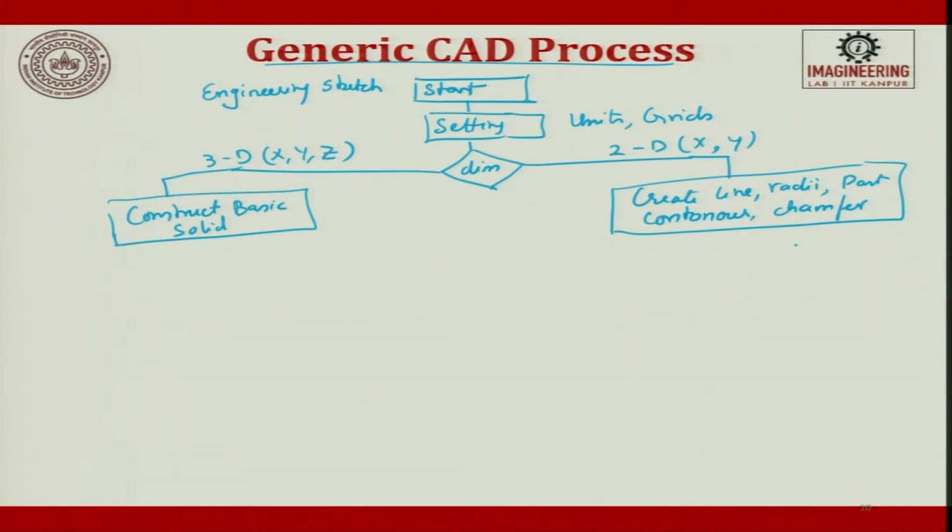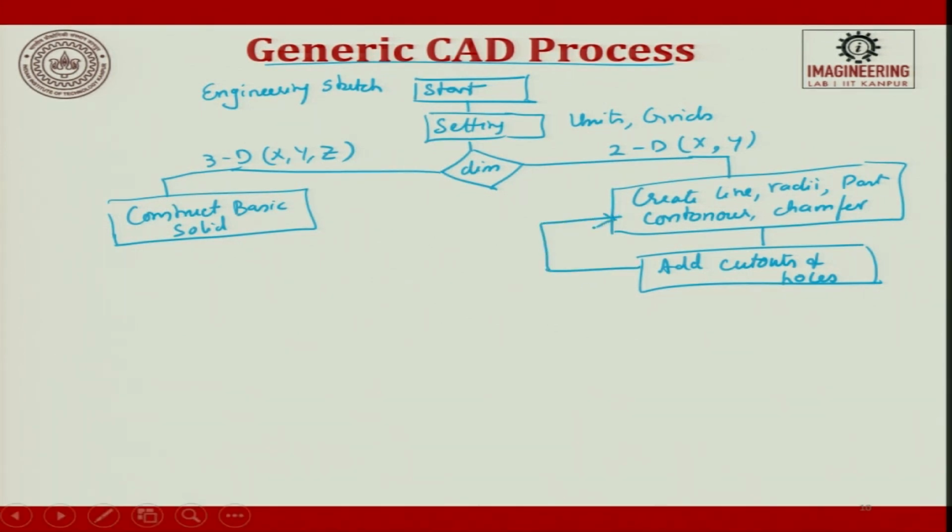The next step here is we add cutouts and holes in the drawn object. Then we go back, and we can then extrude and rotate. Here we use Boolean operations.